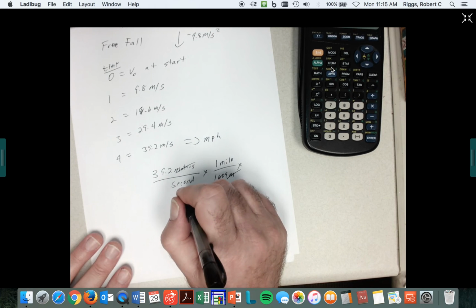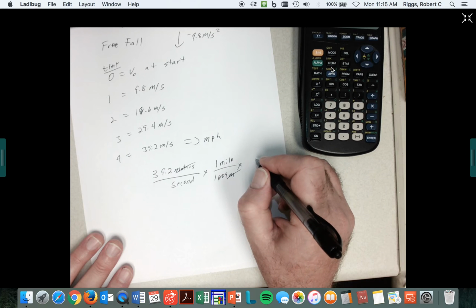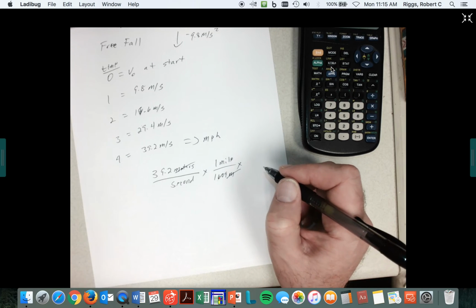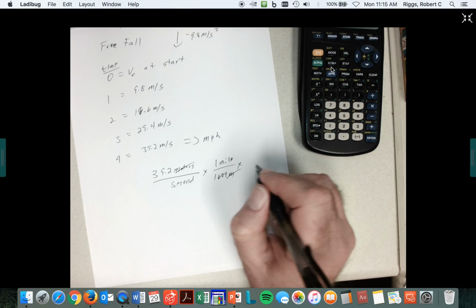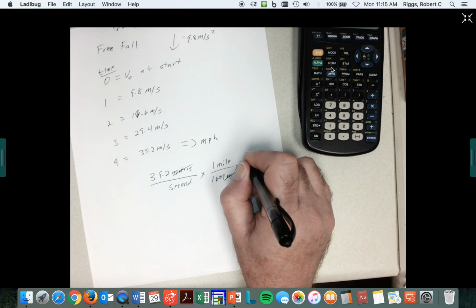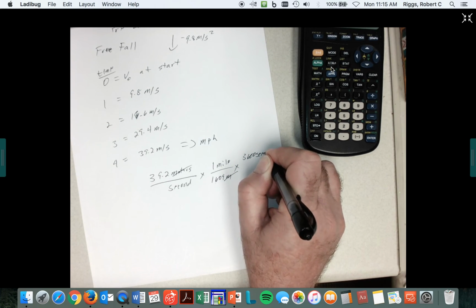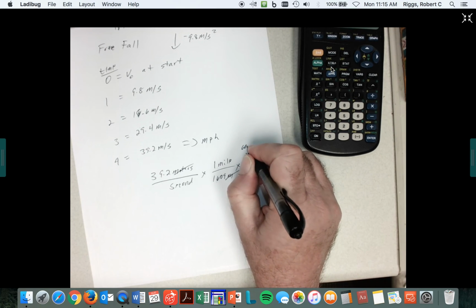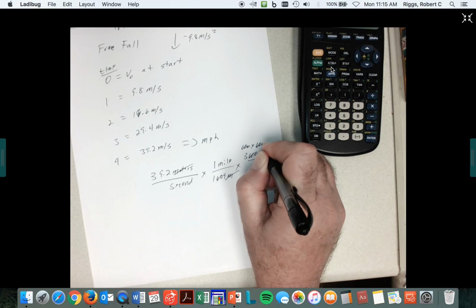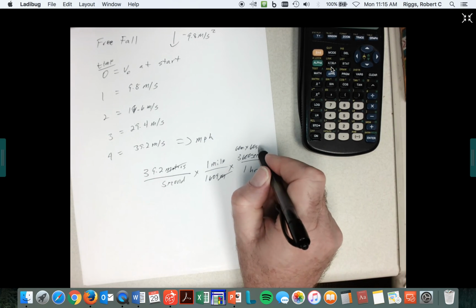And now I need to get seconds down below, per hour. Oh yeah, and then I've got 3,600 seconds in an hour. I was having a moment there. Why is 3,600 equal to 1 hour? Because it's 60 minutes in an hour times 60 seconds per minute.